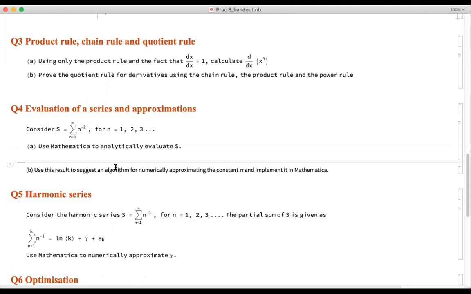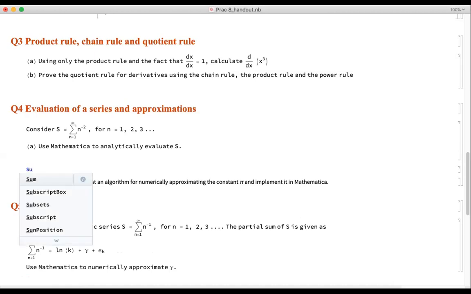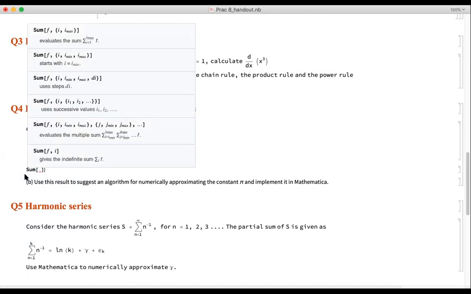You can use the Sum function. Can you guys try? What did you get? You can use the Sum function. Okay, that's the type of format that you need.